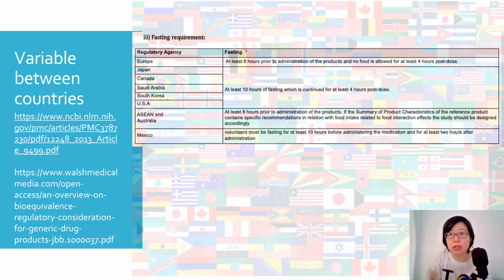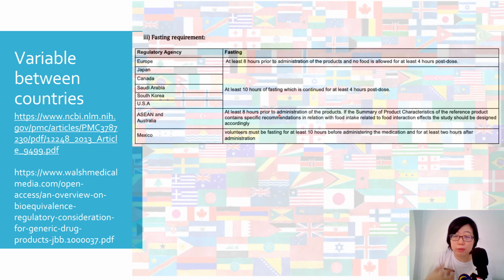Just to show some examples of the variability, for fasting requirements, in Europe, the EMA guidelines say that the fasting is at least 8 hours prior to administration and 4 hours post-dose, but countries like Japan, Canada, and so on need at least 10 hours of fasting. In ASEAN countries, we mainly follow the European guidelines more closely, so it's around 8 hours.